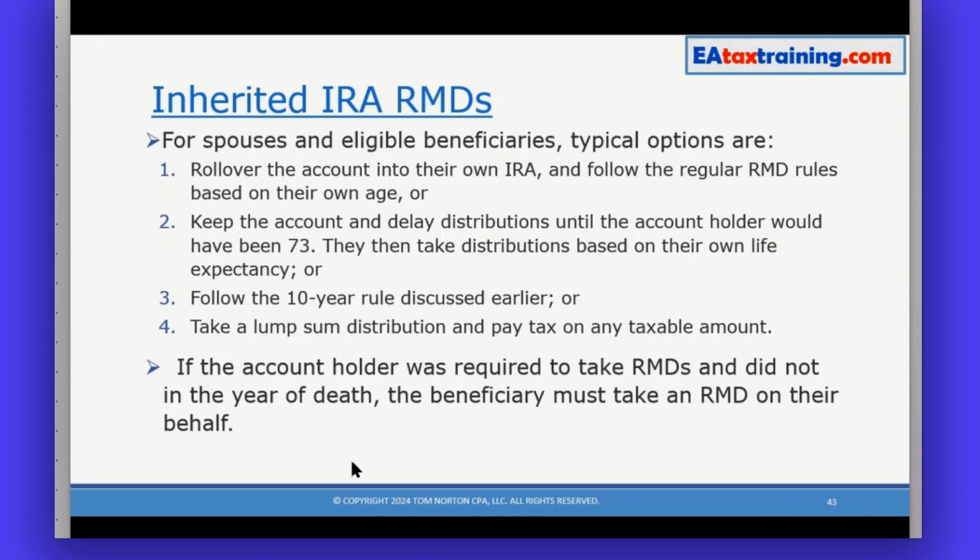So the year you die, you still have to take an RMD. It's just that if you didn't take it before you died, your beneficiaries are going to have to take it on your behalf. So that is it for IRAs.